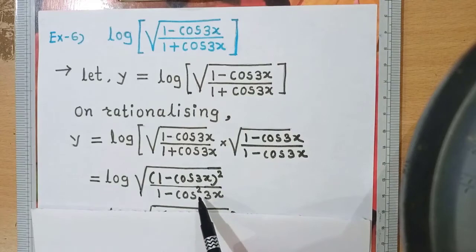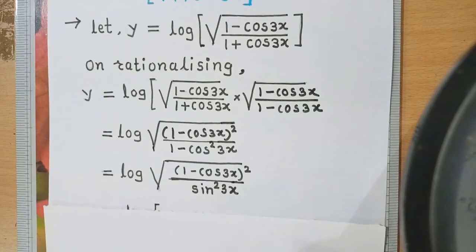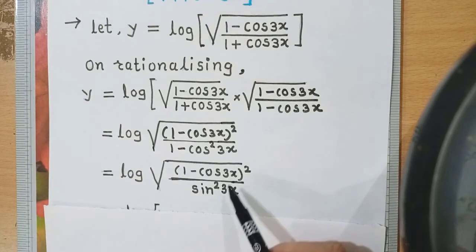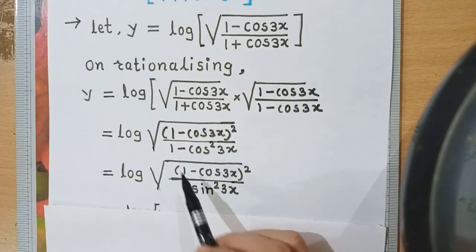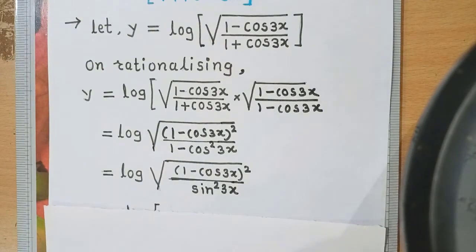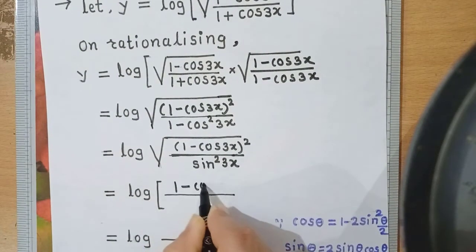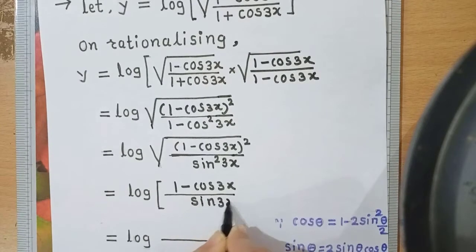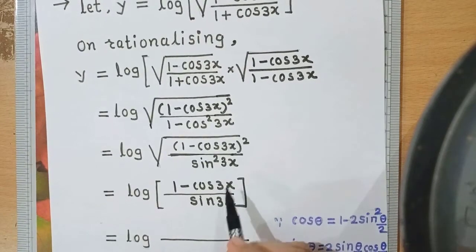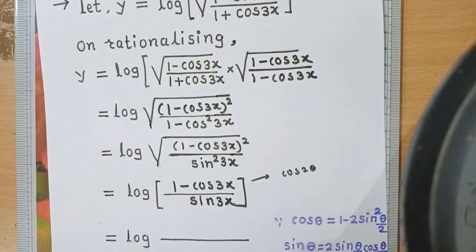So now here we will use 1 minus cos square theta is sin square theta. So by that rule the next step is this. Again these are square terms and this is the radical symbol. So this and this get cancelled, and so our next step is 1 minus cos 3x upon sin 3x. Now here we will use the cos 2 theta formula.